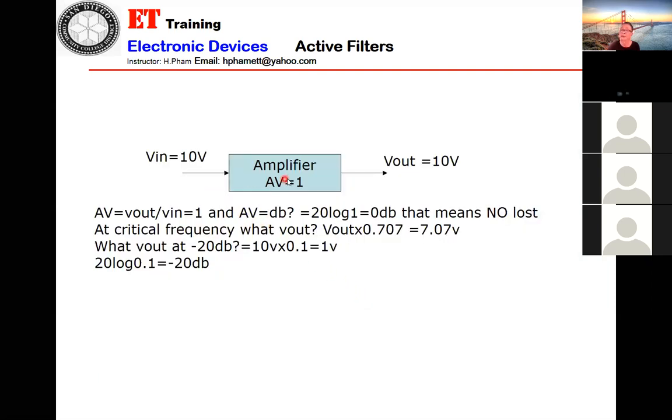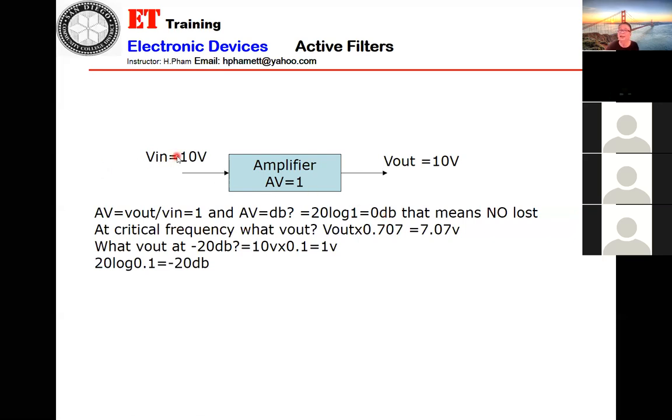Now, you have an amplifier with gain equal to 1. You get input 10 volt, then you get output 10 volt. That's easy to recognize. They're going to ask what AV in dB equals. You take 20 log of 1 and you get 0 dB. 0 dB means no loss.